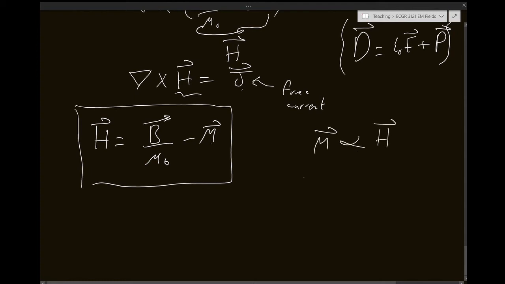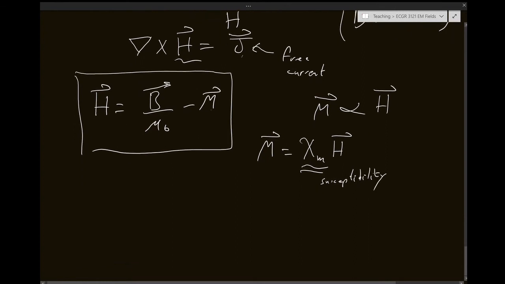So it's going to be some constant multiplied by H. If I have a certain H, I should expect M to be some constant times H. I could write M as follows, and this constant is called the magnetic susceptibility.